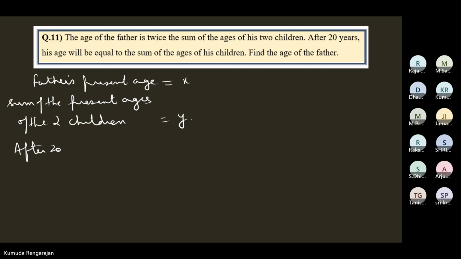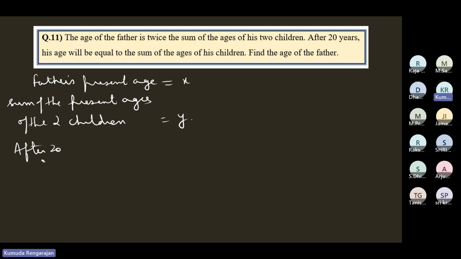Wait a second. X plus 20 is equal to y plus 20. Y plus 20. Okay. Good. Well tried, Sashank. Very good. All of you? We'll go with that. After 20 years.